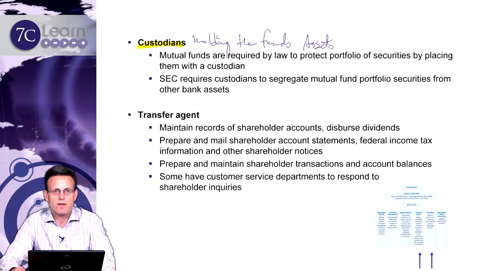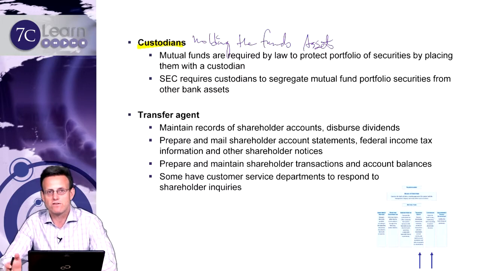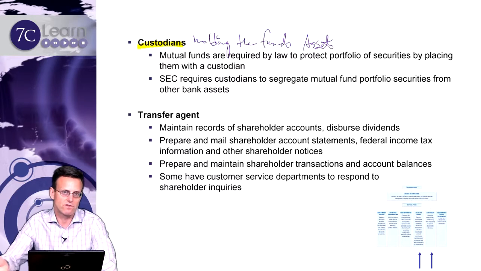And basically what's happening here is that if the portfolio manager says, hey, I've got 1,000 shares of Intel in my fund, well, the auditor has the ability to go to the custodian, an independent third party, and say, hey, the fund advisor says he's got 1,000 shares of Intel. Do you in fact hold those 1,000 shares? and the custodian can then verify and say, yes, I've got those shares.